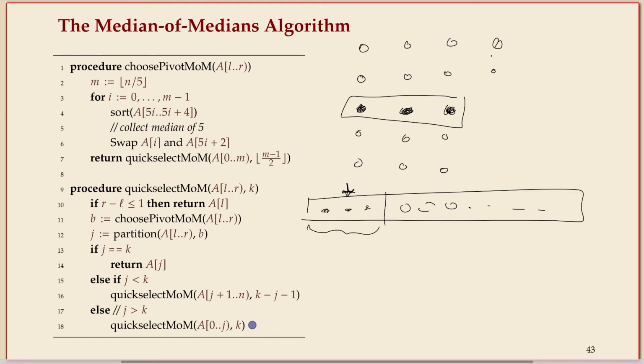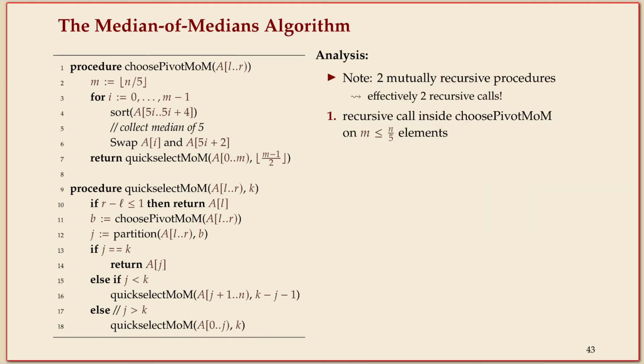Let me point out that this is a mutually recursive function now. We have 2 functions, and they both call each other. This one calls choose pivot, and this one calls that one again. So it's not visible from just looking at the lower function, but we actually have 2 recursive calls. The first one from choosing the pivot, and then later from the main recursion.